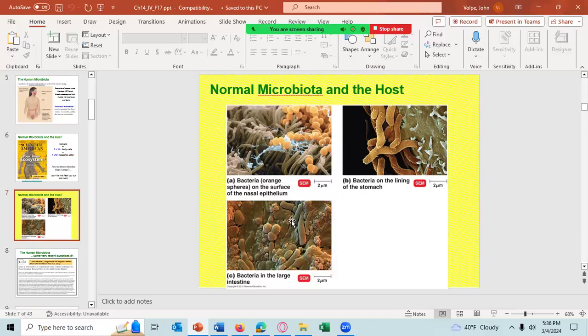And you can see many types. That looks like a rod. There's another rod. That's a curved rod. I'm not sure what that is. Someplace in here, there's a coccus. Maybe it's that one there. And then those are coccobacilli. That's food in the intestines.